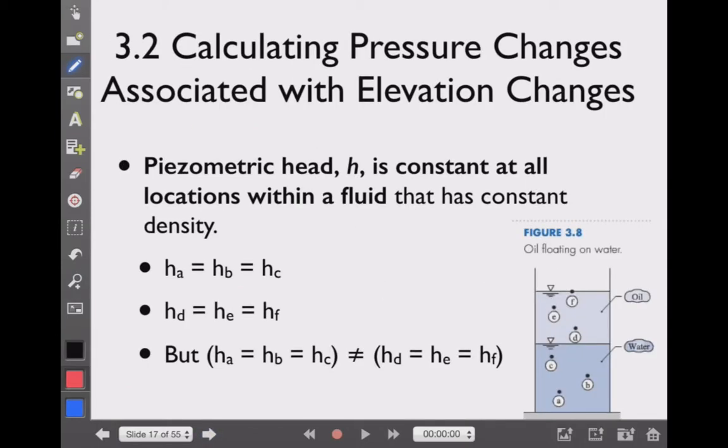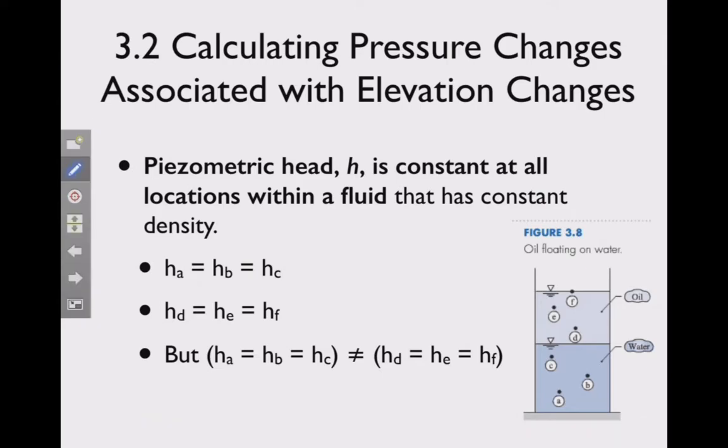So what are the ramifications of this? The ramifications are quite amazing. If we have a situation over here on the right-hand side where we have some oil overlaying water, then the piezometric head, or for that matter the piezometric pressure, at any point inside that fluid is equal.